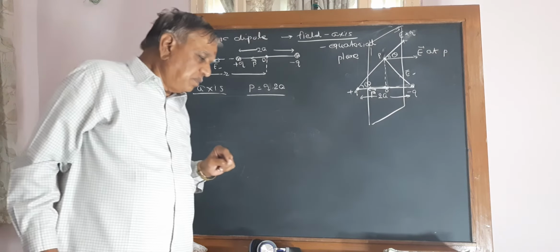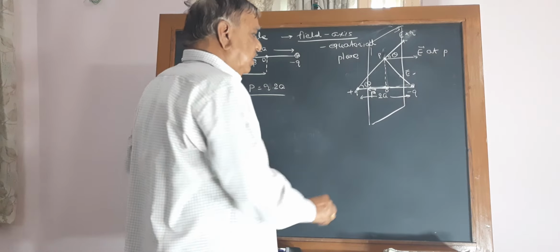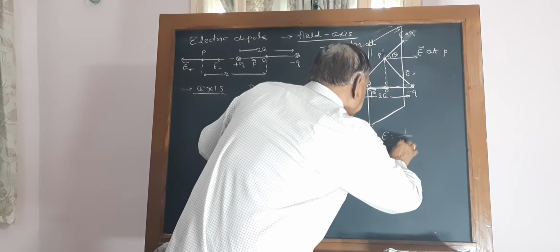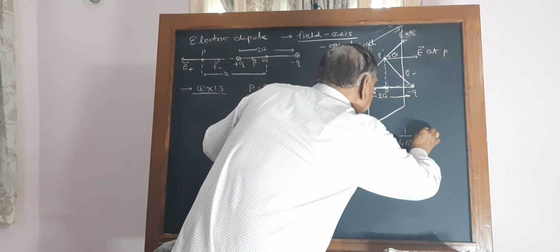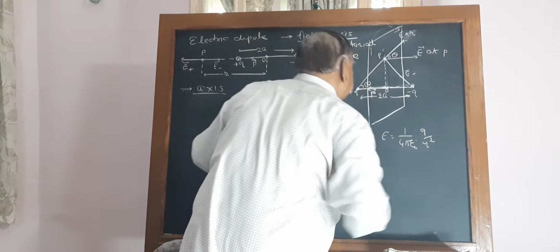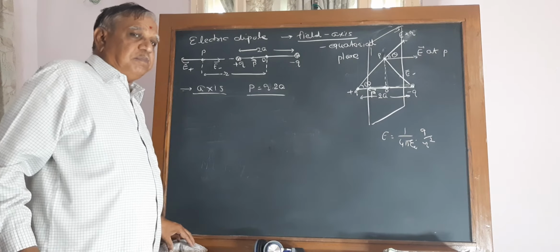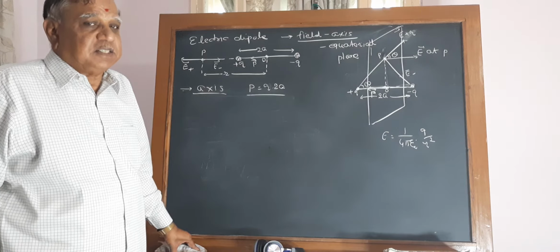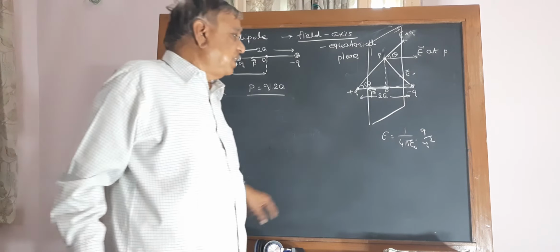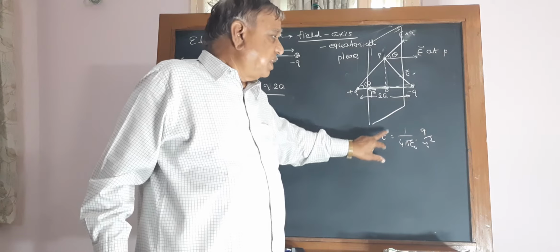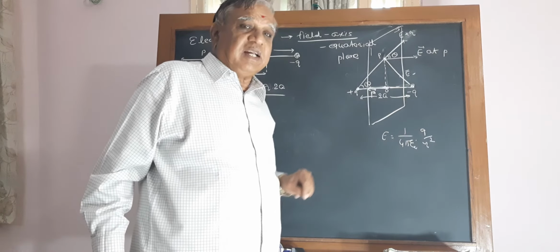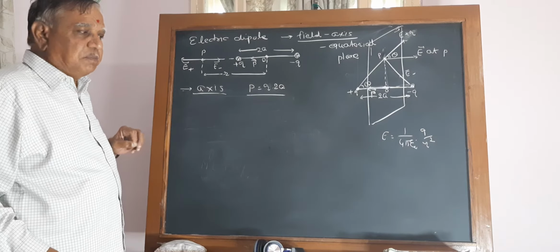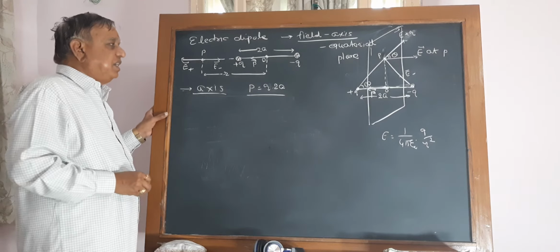Now we know the field due to a point charge: the magnitude is E equal to 1 upon 4 pi epsilon 0 q by r square. Here two charges are there, so first we write individually.